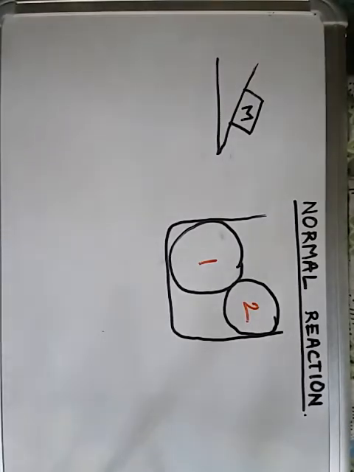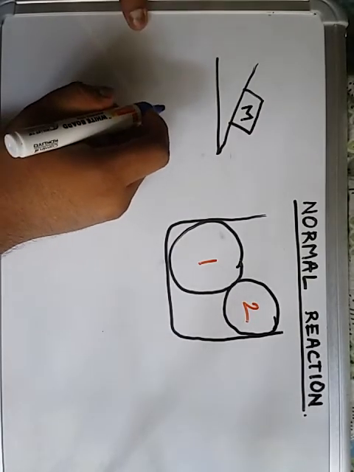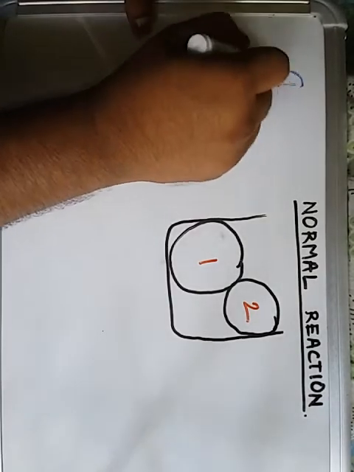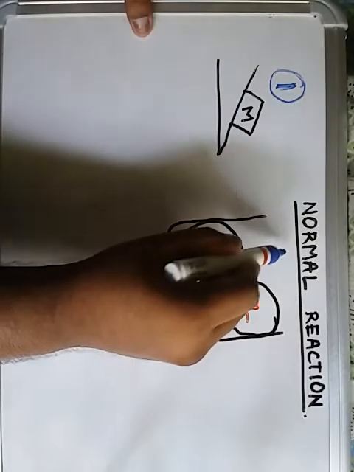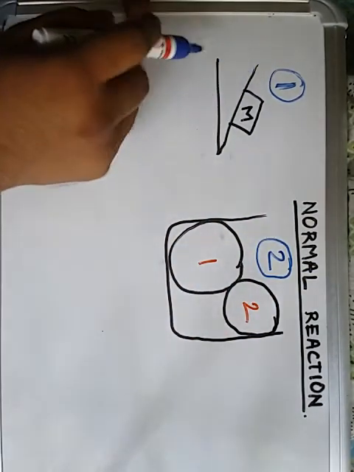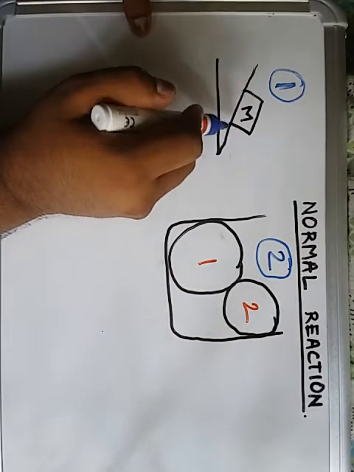Here are two more examples to illustrate normal reaction. The first one, we have an inclined plane and a box of mass m lying on it.